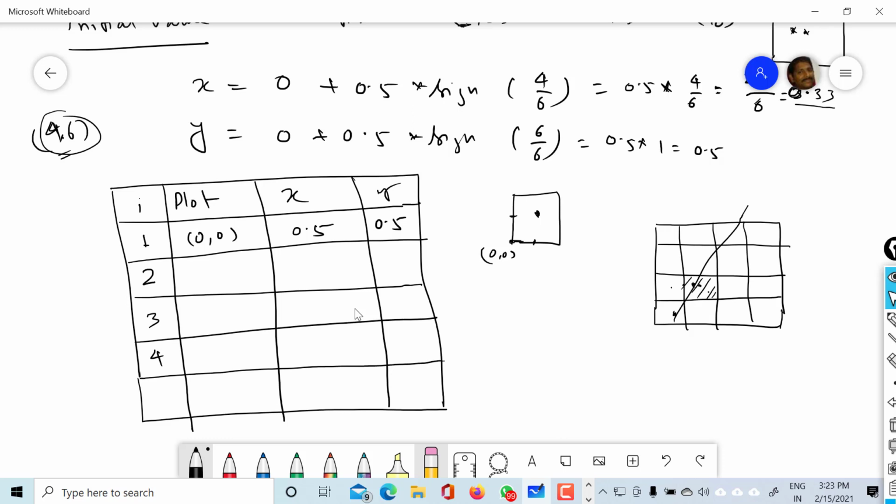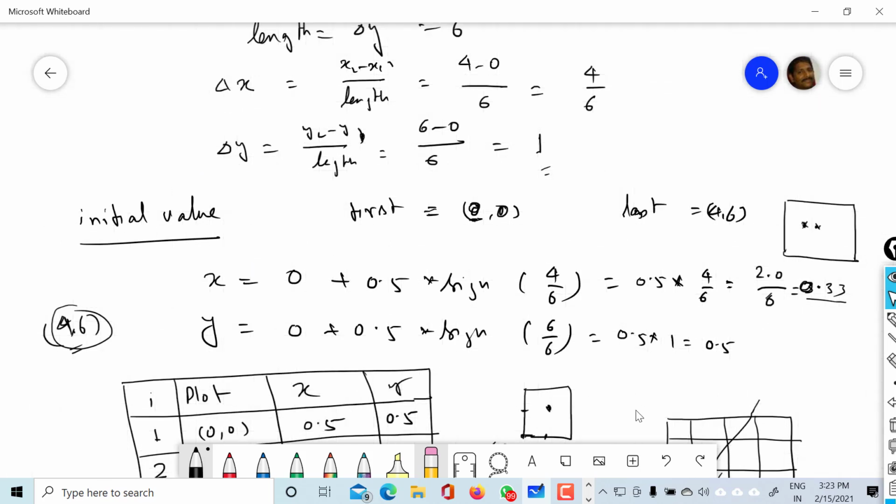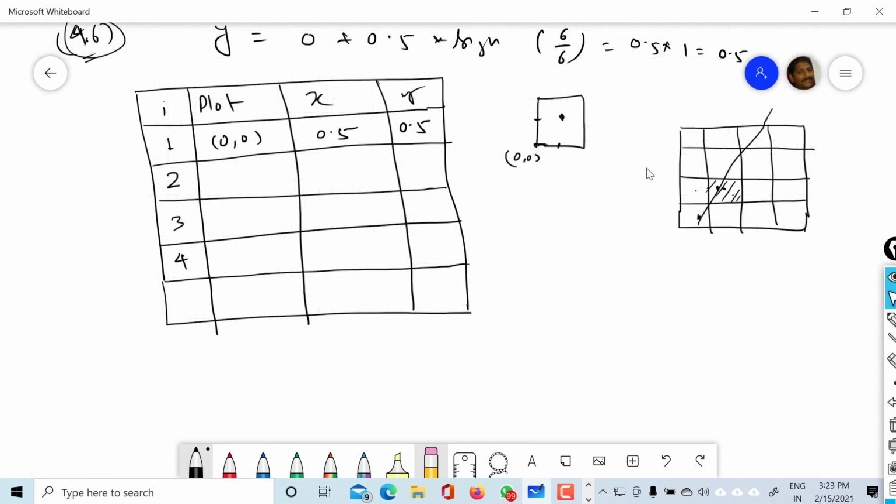So if I am directly writing from the book, because it is already calculated, it will be a home assignment for you to calculate all the values of x and y here. Because we are taking delta y as 1 in every case, the incremental value of delta y every time will be 1, therefore the difference of y will be 1.